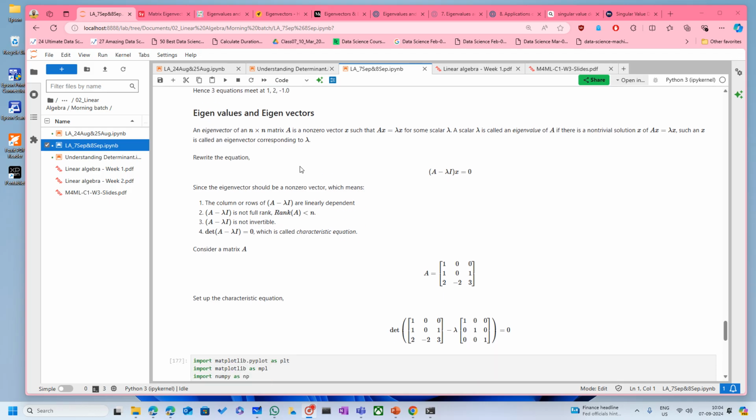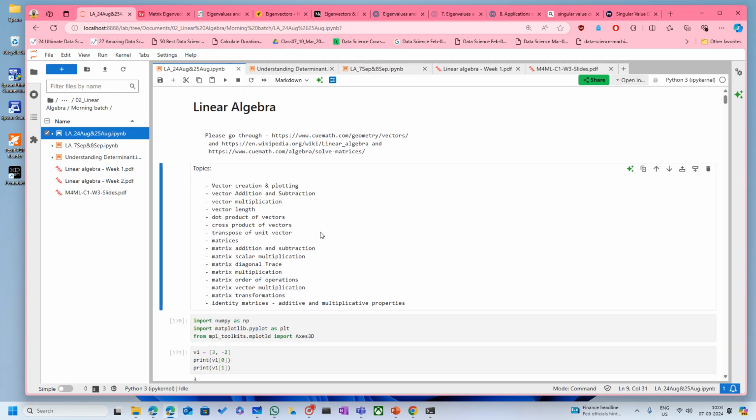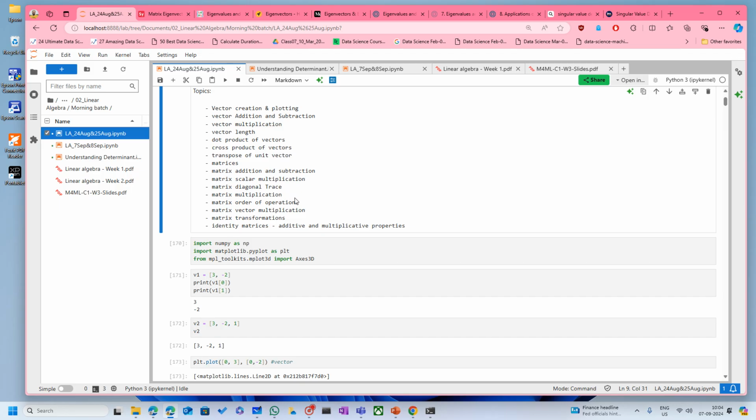Okay, so for eigenvectors, you have to first understand that when you do a transformation, and in one of our previous classes we already saw some of the linear transformations, matrix transformations, right? And also vector transformations we saw.